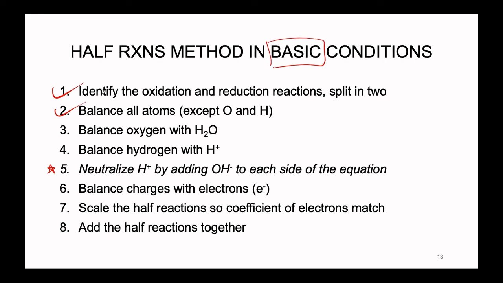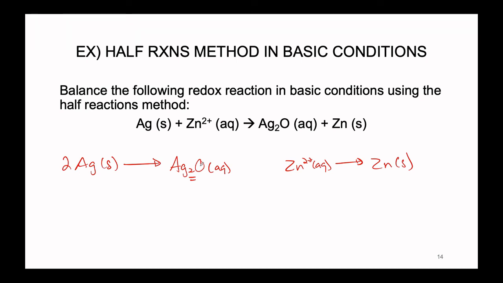Next, we have to balance the oxygen with waters and all of our hydrogens with H+. So the oxygens that are present, there's only one that is a product in the silver reaction. So we're going to add an H2O as a reactant here to balance out that one oxygen that is present. We are now going to add in also 2 H+, since there are 2 hydrogens in the water that is present on the left.